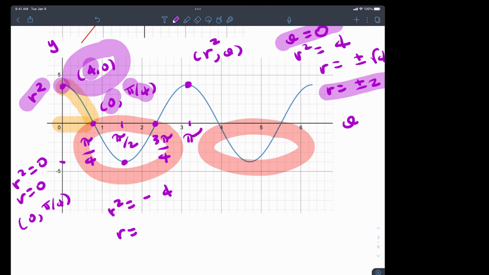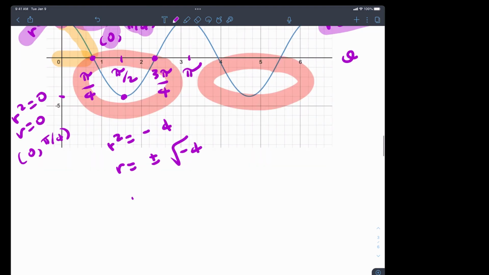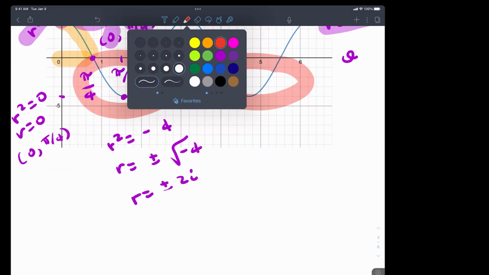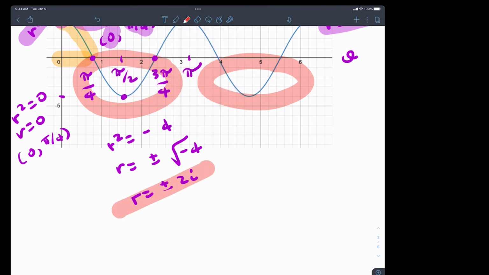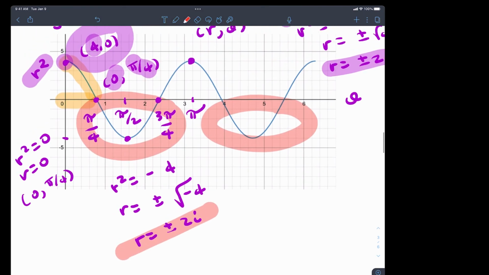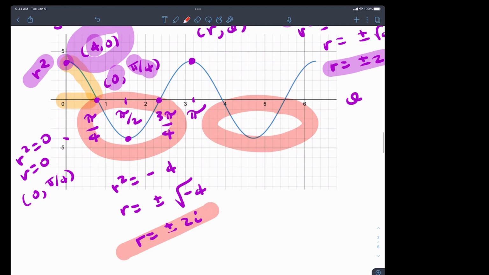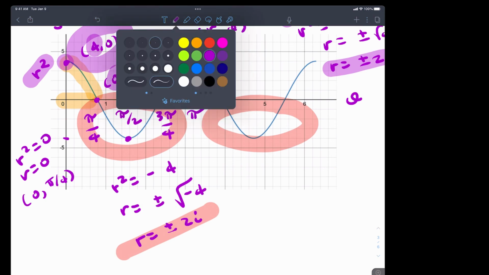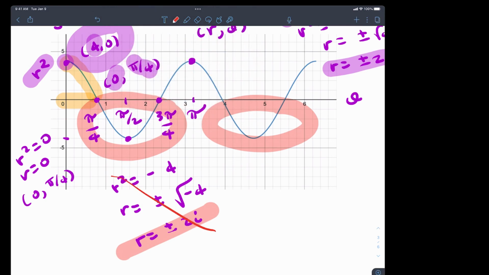And that means r is plus or minus square root of -4, which means your radius is really plus or minus 2i. Now, this is an imaginary number, ladies and gentlemen, complex numbers. So when the curve is below the theta axis or the x-axis, what do you do? You throw this out. It's gone.